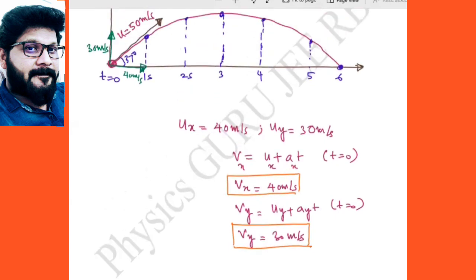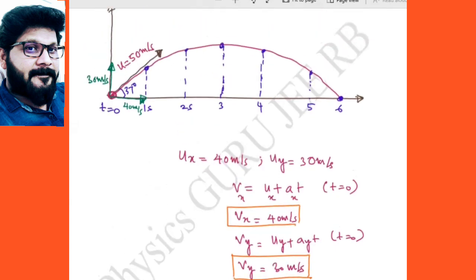Now similarly we have to calculate after 1 second. After 1 second, how will we get this? Let me take what is the velocity, vx and vy, after 1 second. At this particular point, what is vx, what is vy?